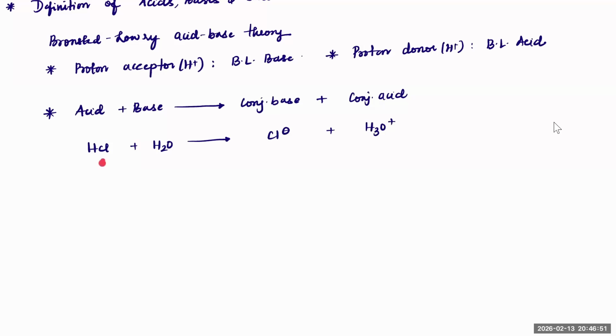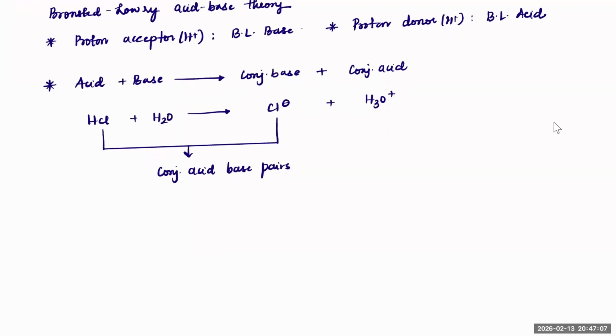So HCl and Cl minus, these two are called conjugate acid base pairs. And the same logic goes with water and H3O plus also. These two will be conjugate acid base pairs.